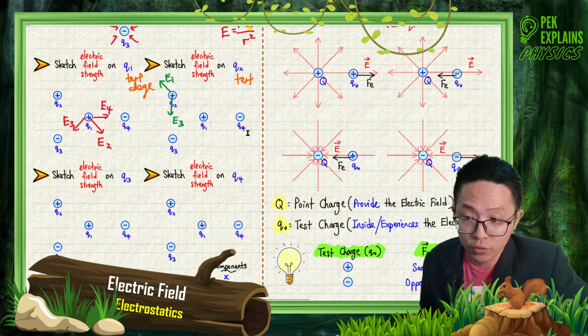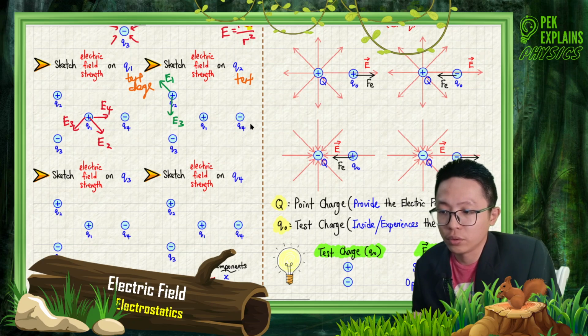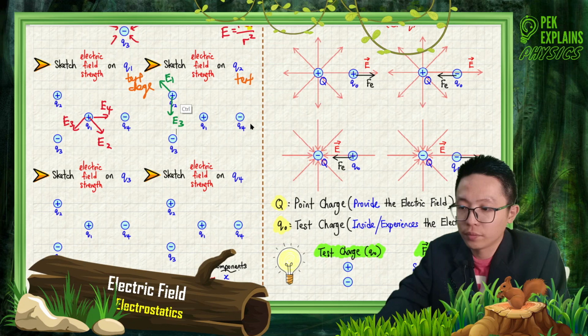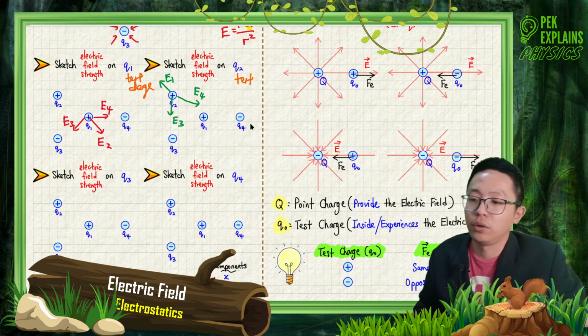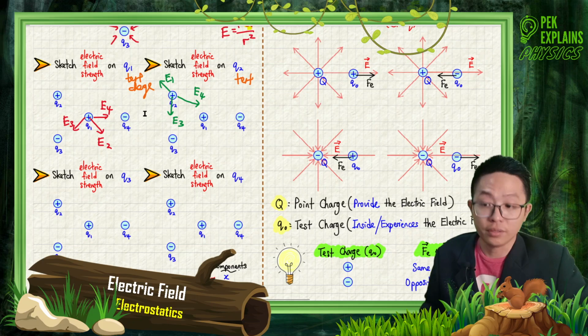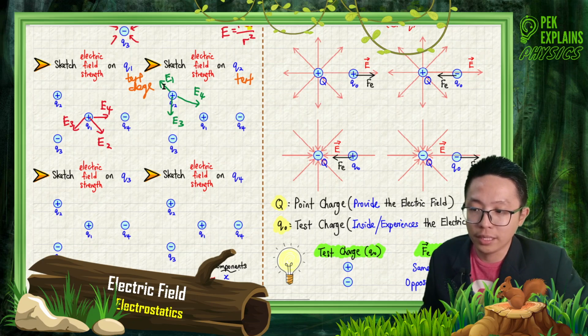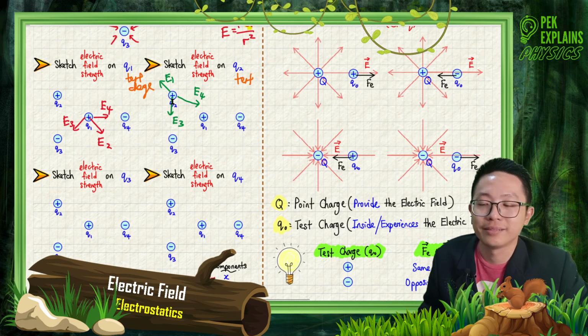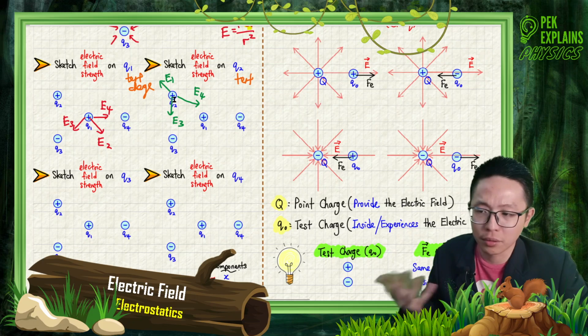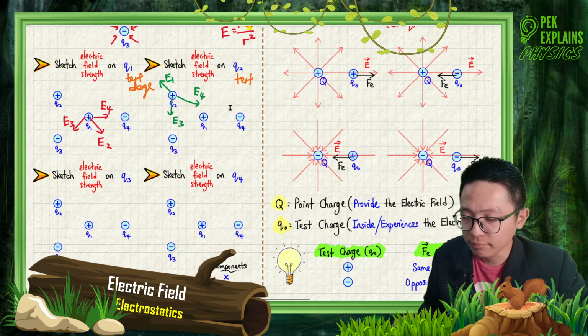And Q4 is negative, so going towards Q4. So this is E4, going towards Q4. So you see, when I draw the electric field, I only look at the point charge. I don't look at the test charge, as though the test charge is not there, because it doesn't depend on the test charge.